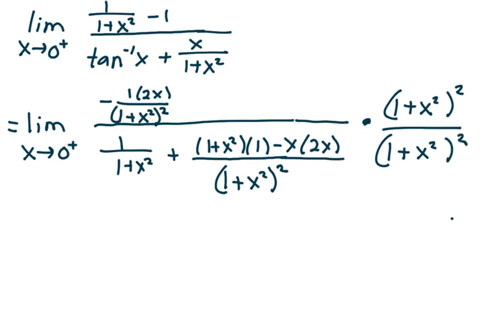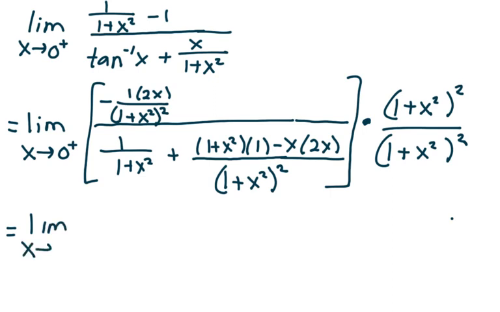Okay? And I'll do this, so you know I'm multiplying the whole thing by that. So I'm going to take the limit as x goes to 0 from the right. The numerator is negative 2x.